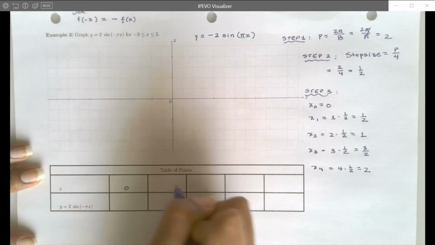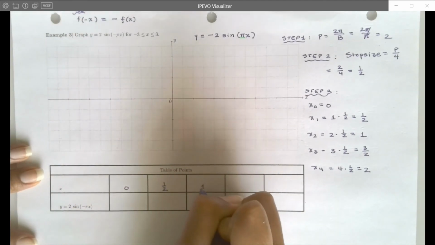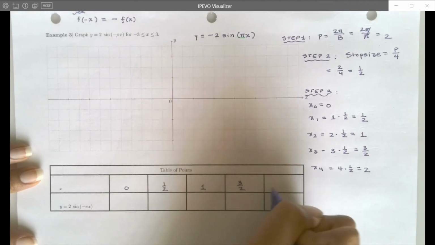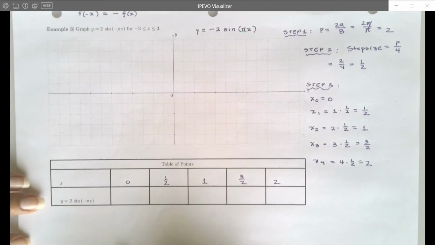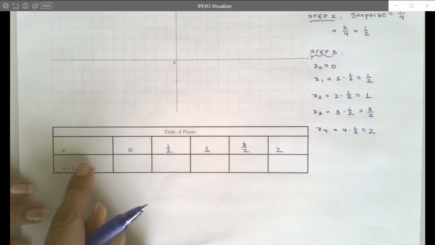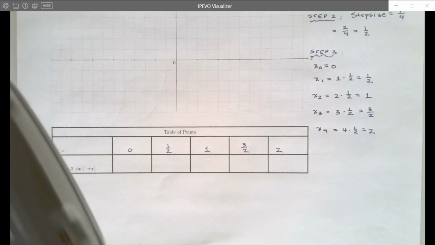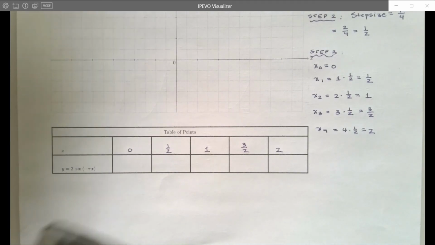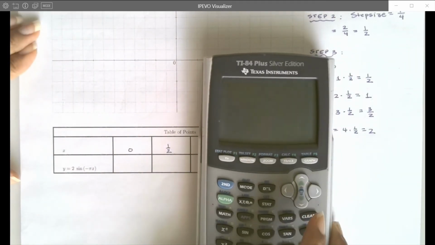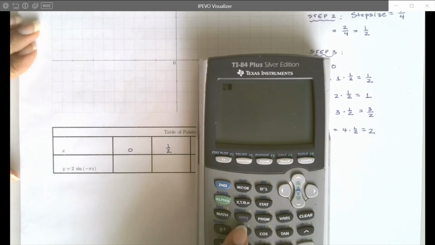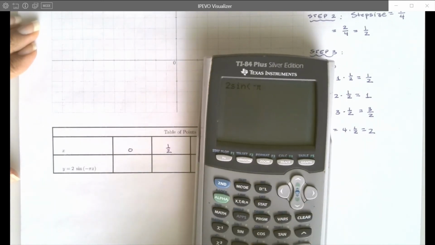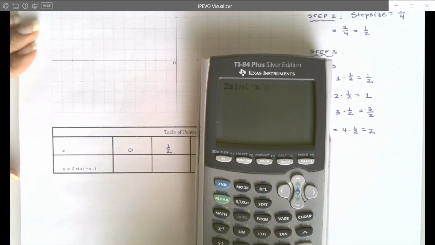Okay. Alright, so now we're going to transfer those over. We're going to have 0, 1/2, 1, 3/2, and 2. And we're going to plug those into our equation to see what corresponding y values we get. Okay, so the first one is 2 times sine of negative pi times 0. So we get 0.